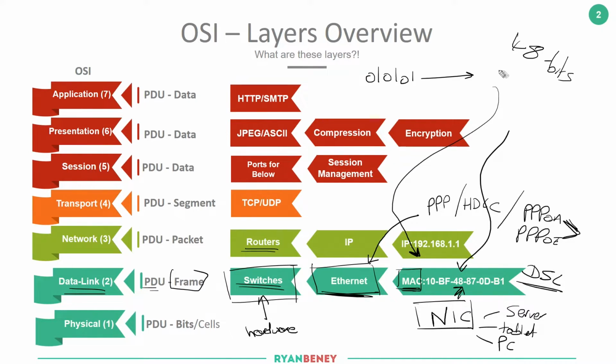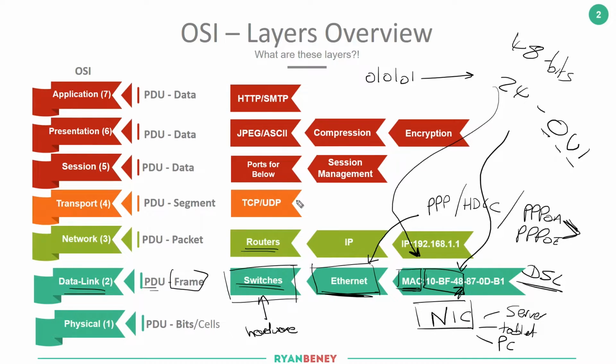Out of those 48 bits, 24 of them are reserved for something called the OUI, the Organizationally Unique Identifier. Each vendor is assigned an Organizationally Unique Identifier. When they're assigned this unique identifier, it allows you to look at a MAC address, for example, like this one here, and using half of it, identify what vendor actually created that NIC card.